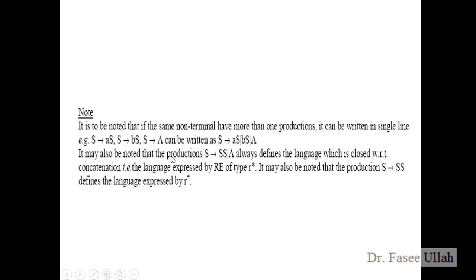It may also be noted that the production S is equal to SS or empty defines the language which is very close with respect to the concatenation, the language expressed by the regular expression of type R star. Okay, such type we can also represent, that is the star language. It may also be noted that the production S is equal to SS defines the language expressed by R plus. Okay, so we already know the definition of star and plus as well.